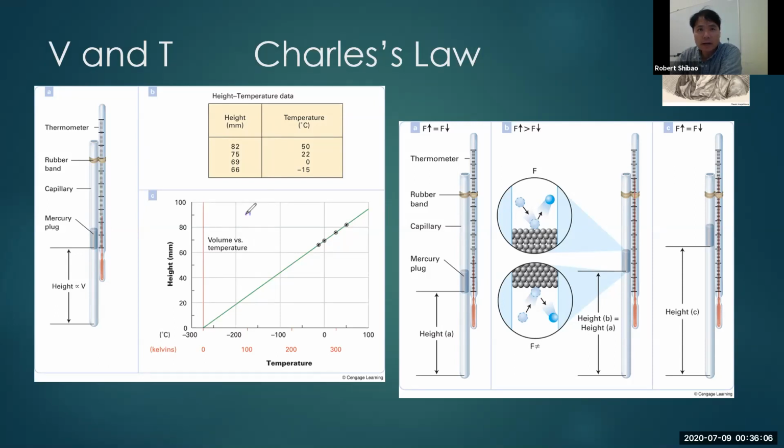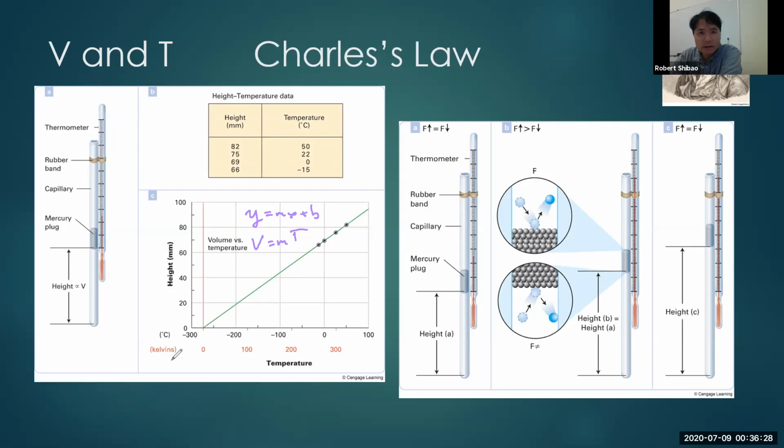So y is equal to mx plus b. y is the volume, m is the slope, x is the temperature, and b is the intercept. And so when we look at the intercept here, it depends on what unit we use.